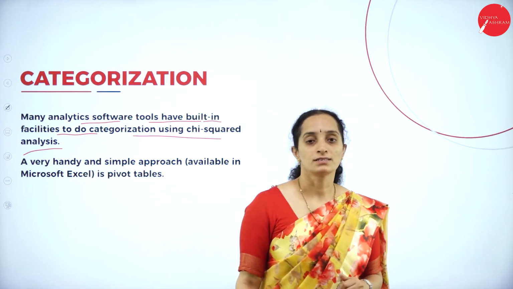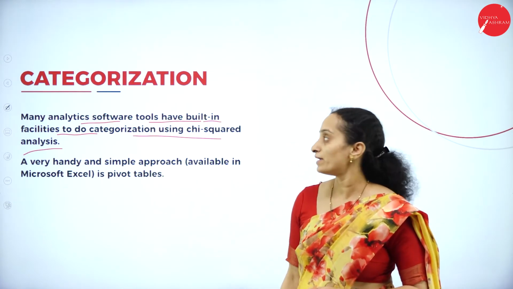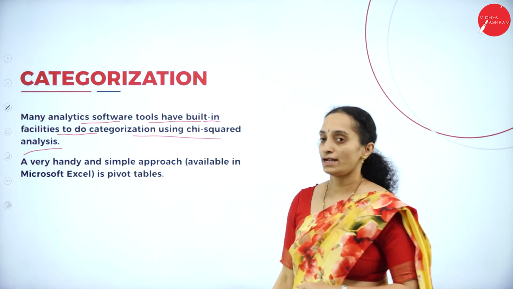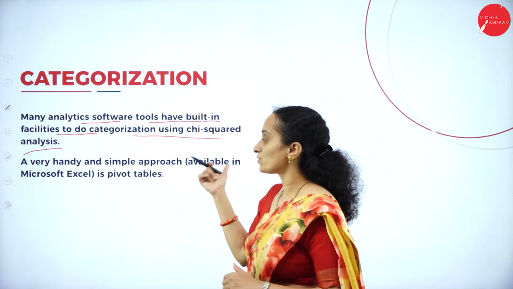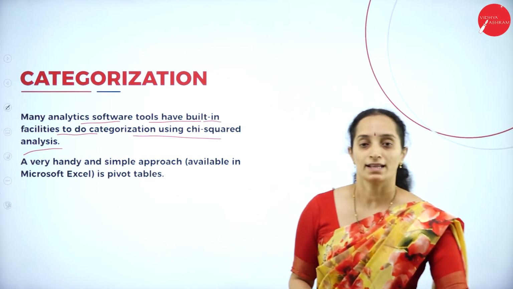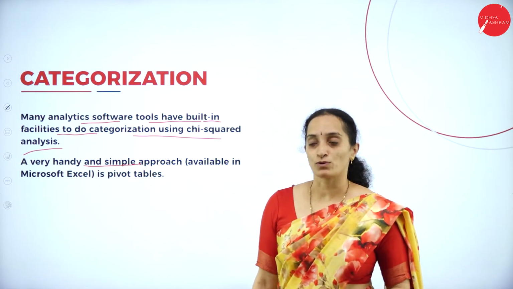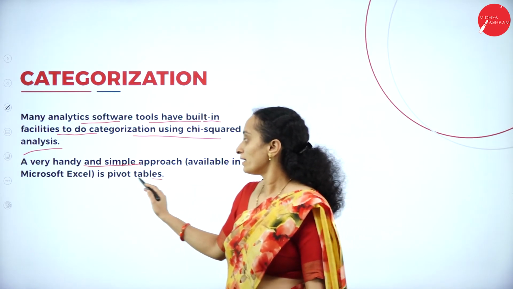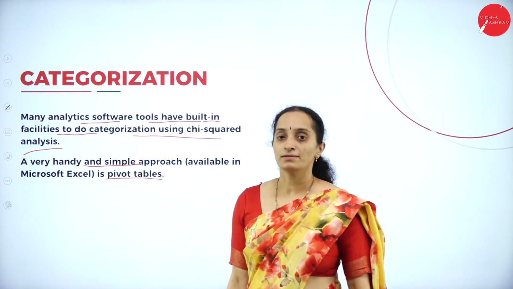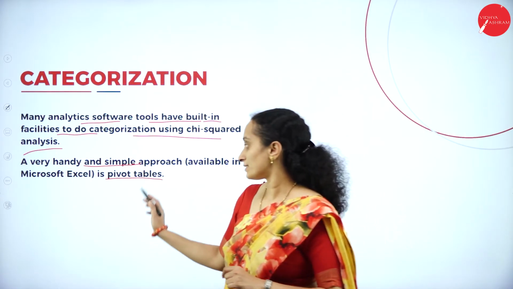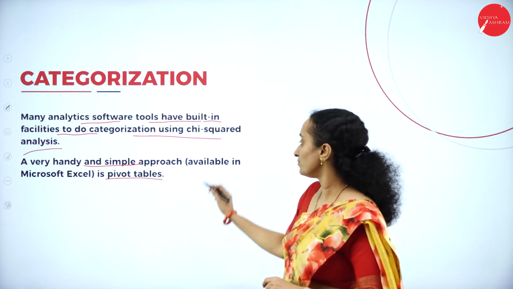You can use these analytical software tools to categorize the values based on the chi-square analysis. The simple and handy approach available in Microsoft Excel for categorization is the pivot table. So what does the pivot table do?